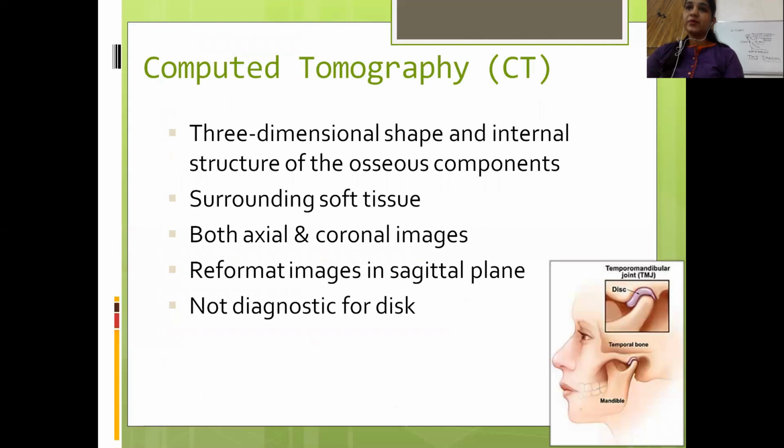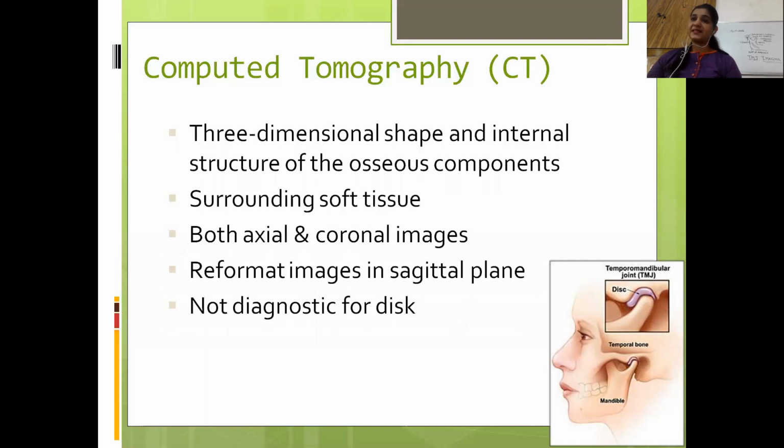Then computed tomography. After conventional radiography, we come to the advanced techniques like ultrasonography, then after ultrasonography, arthrography, and then computed tomography. So computed tomography shows the three-dimensional shape and internal structure of the osseous components and surrounding soft tissue.